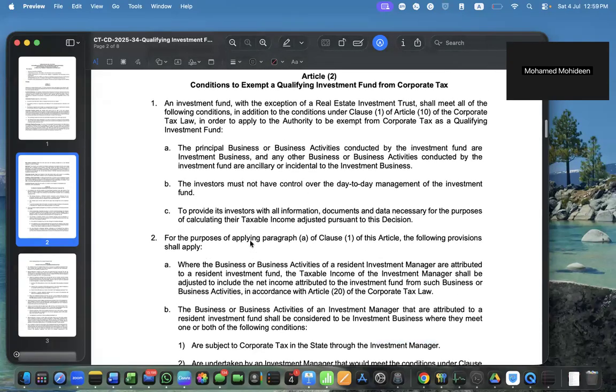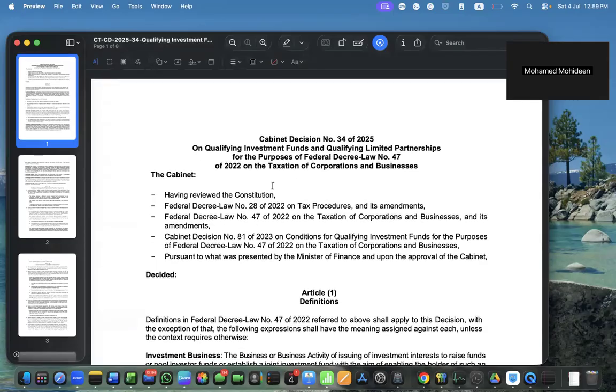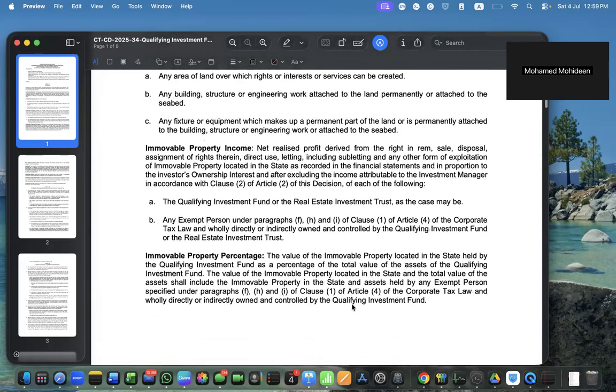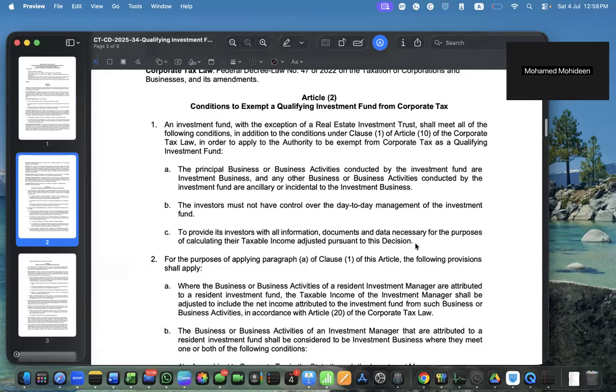And why were we doing it? Because we were studying Cabinet Decision number 34 on qualifying investment funds and qualifying limited partnerships. We have reached Article 2. Today, we are going to stop at this point itself. And when we resume, inshallah, in the next session, we will start from this decision itself.